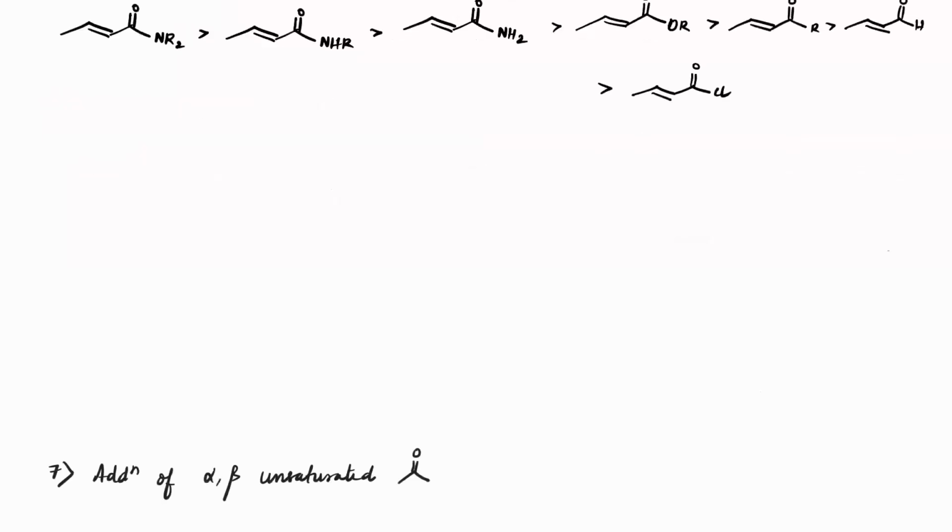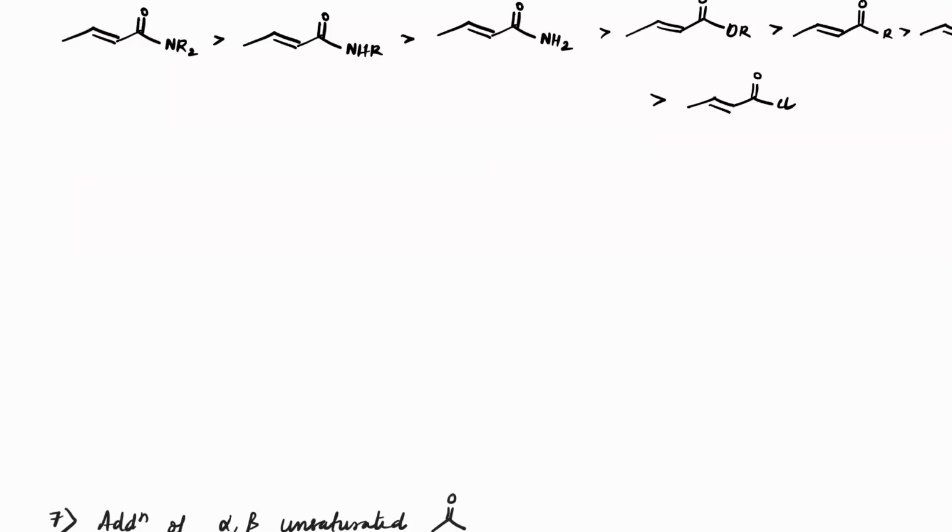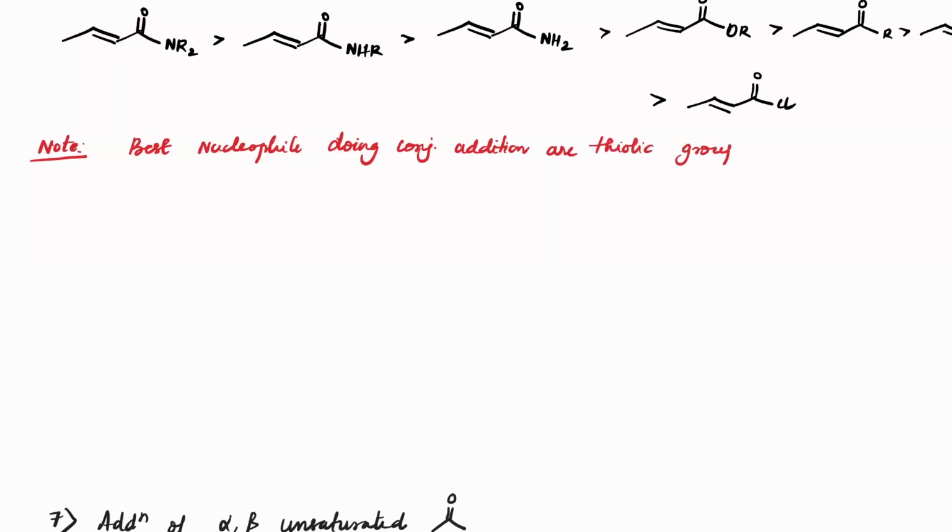Notice, as an important part, you can just take it as a note that the best nucleophiles doing conjugate addition are thiols or thiolic groups. So if you have any thiolic groups, that will give the best nucleophilic addition here.